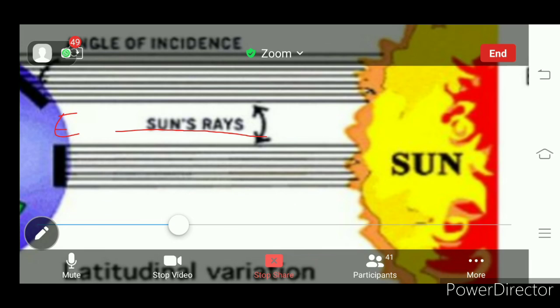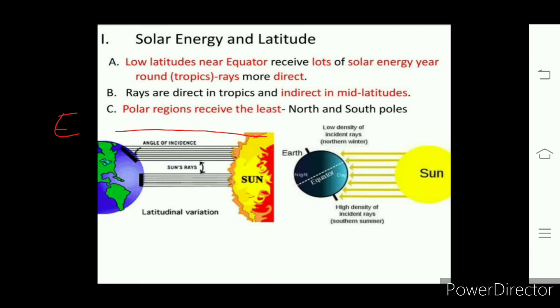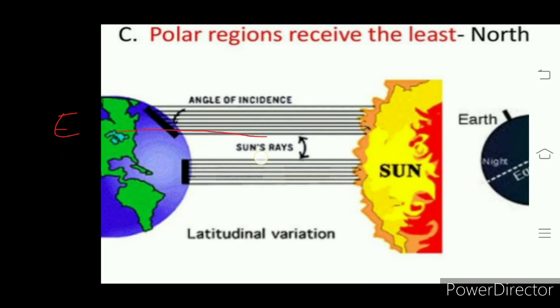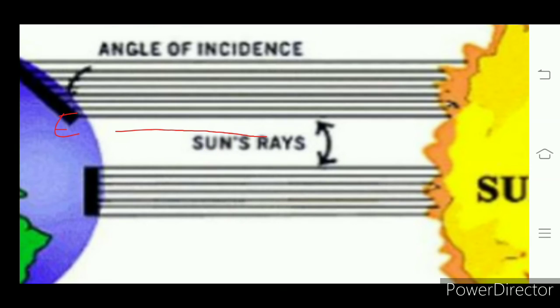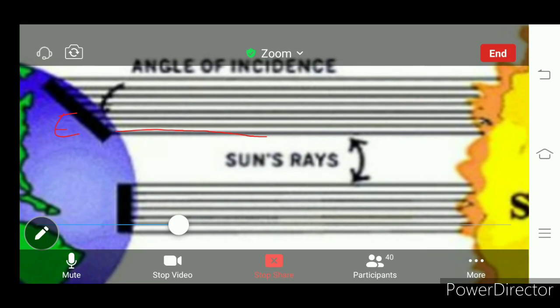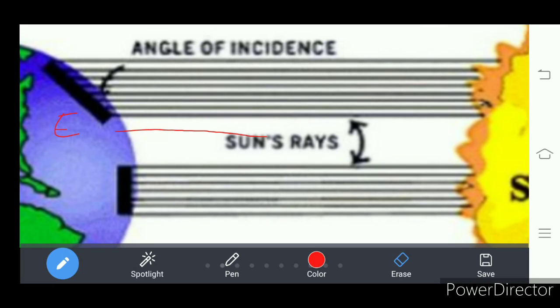Let me show you insolation at mid latitudes. How are the sun rays falling here due to the curvature? Here it is a slant, right? That means the angle of incidence is decreasing there.